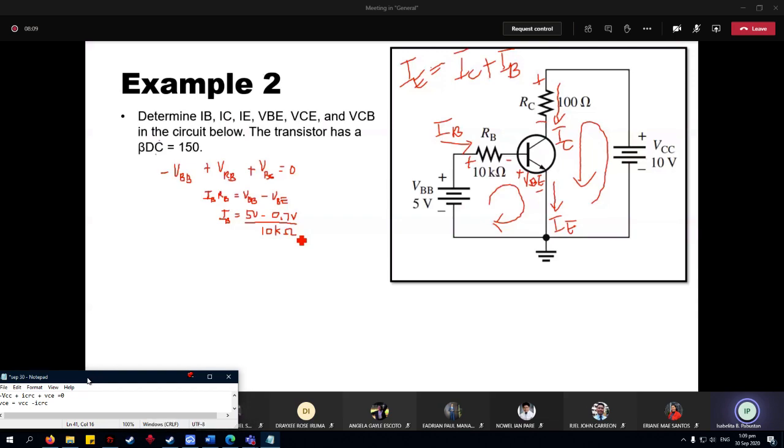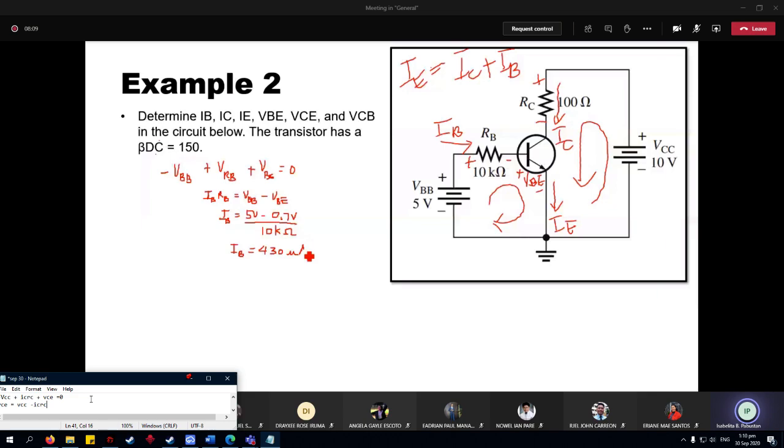Your IB here is equal to 5 volts minus 0.7 divided by 10 kilo ohms. So, your IB is equal to 430 microampere.